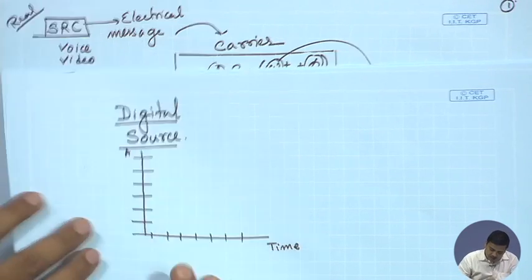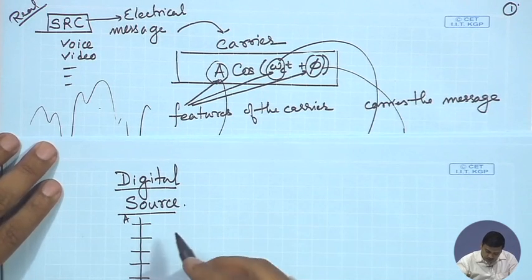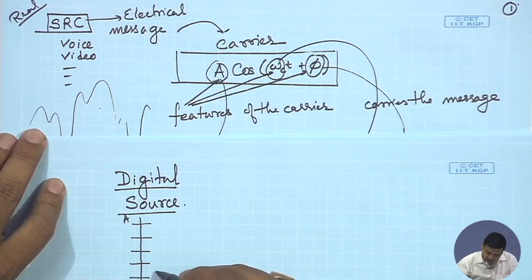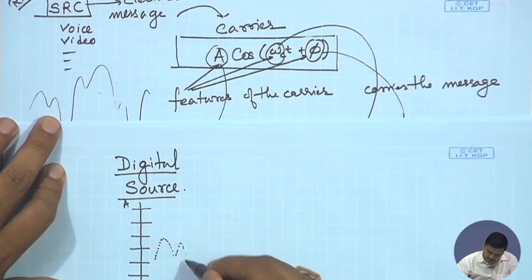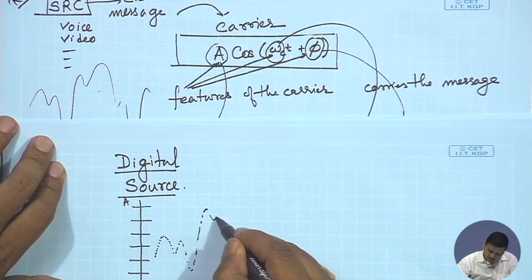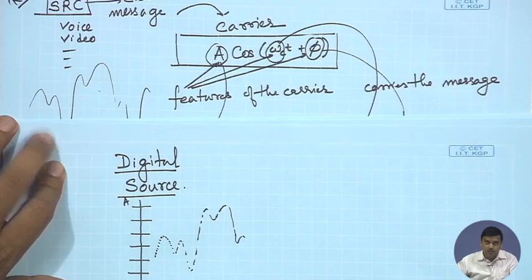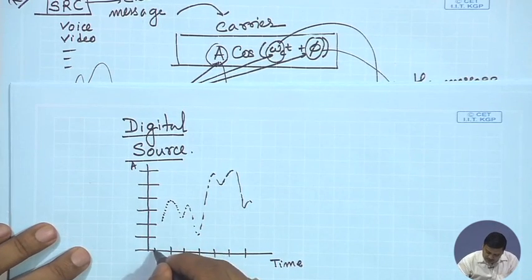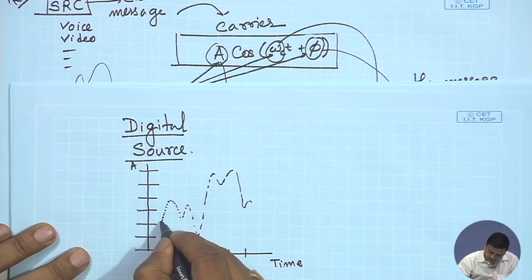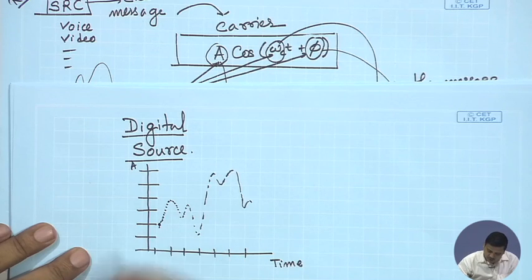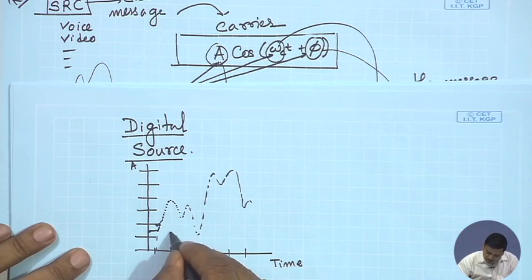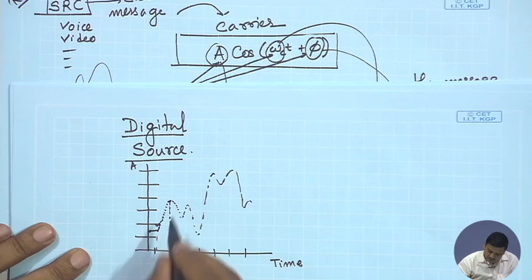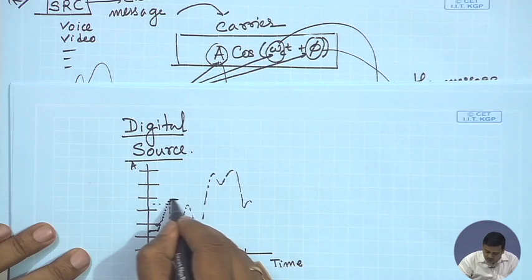That means suppose I take this particular picture and I draw it here. It may not be exact, but it's somewhat similar to what we have. So to convert it to digital, let's say at this time instant, I would choose the value which is given by this. At this instant of time, I would choose this particular value. At this instant of time, since it is above this threshold, I would choose here.